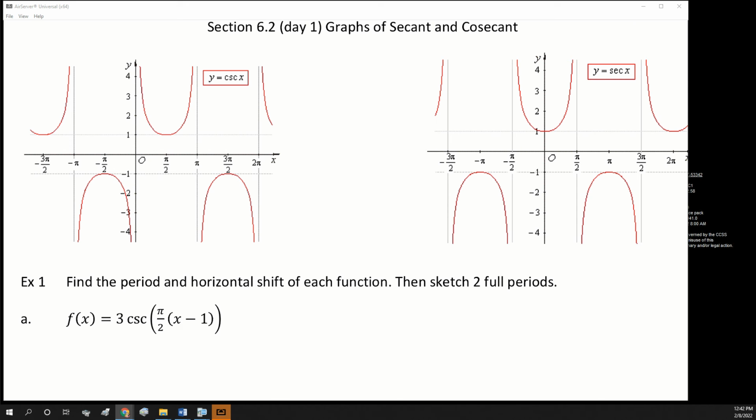I am going to draw the sine and cosine in with that. Okay, so I know that cosecant is the reciprocal of the sine. So I'm just going to draw one little period of sine in there. You could draw 2 if you wanted.